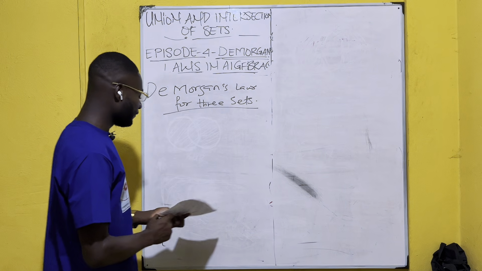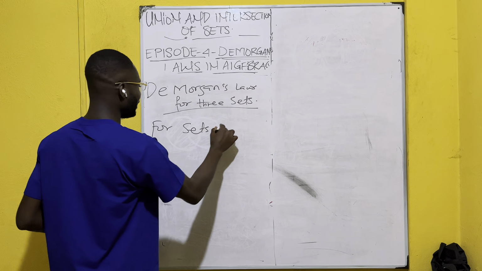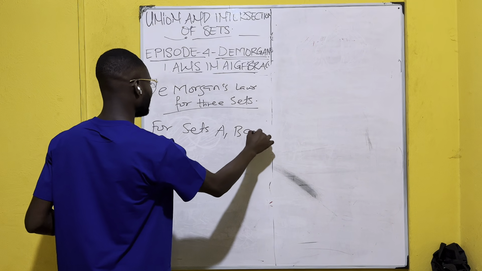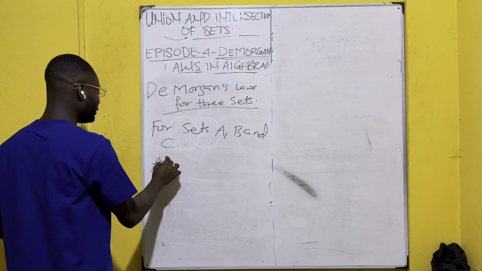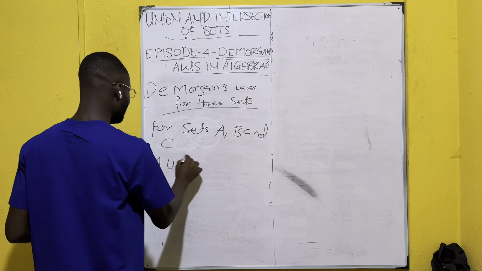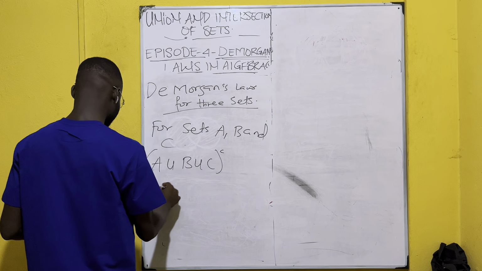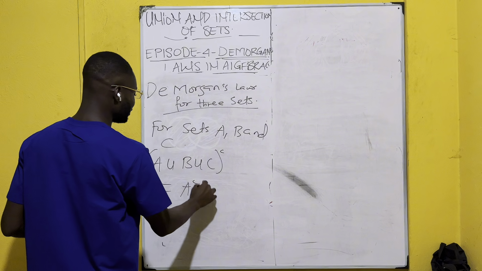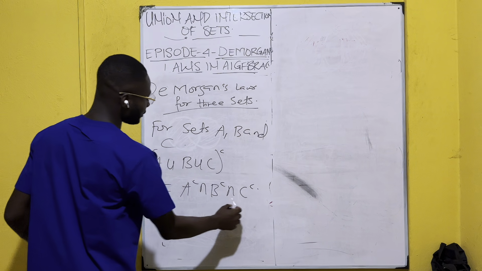So for sets, let's define this. For sets A, B, and C, we can say that the complement of A union B union C is the same as A complement intersection B complement intersection C complement.